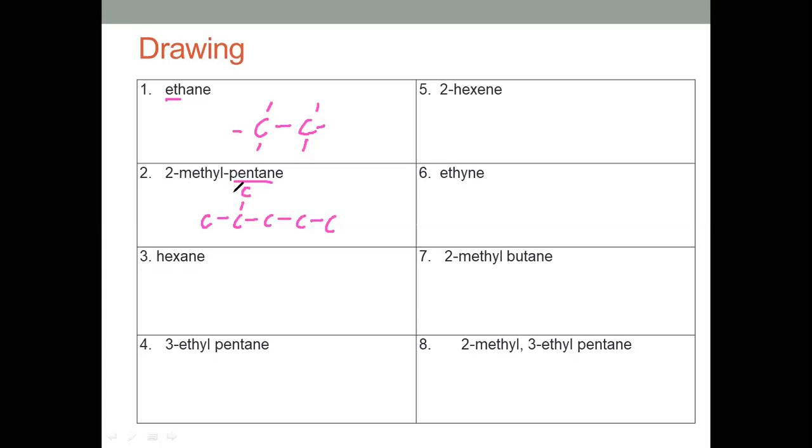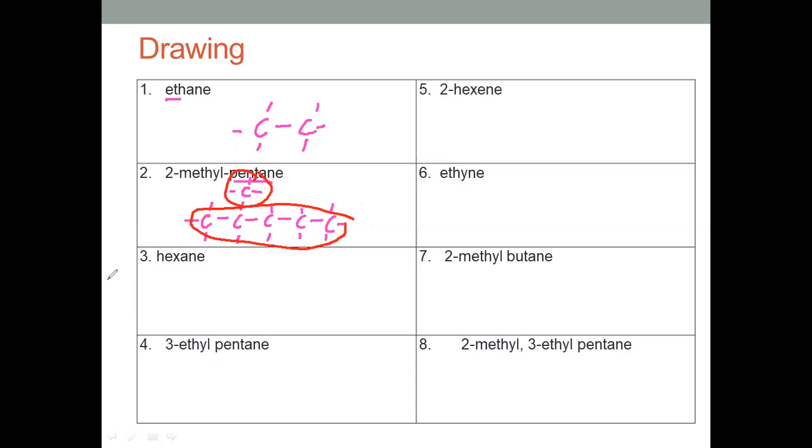There's your methyl group. Add in all the H's. And I'll just highlight so you can see: here's the pentane, and then here's the methyl.